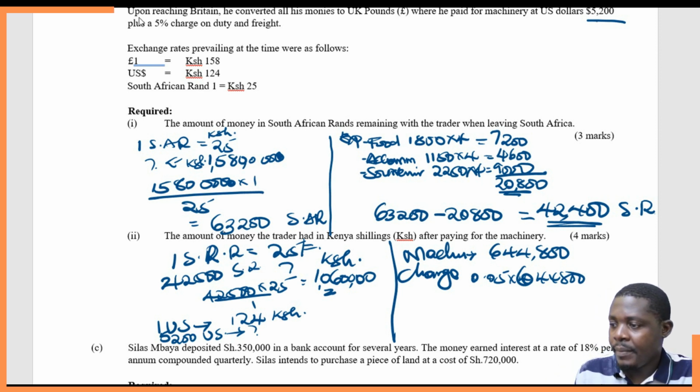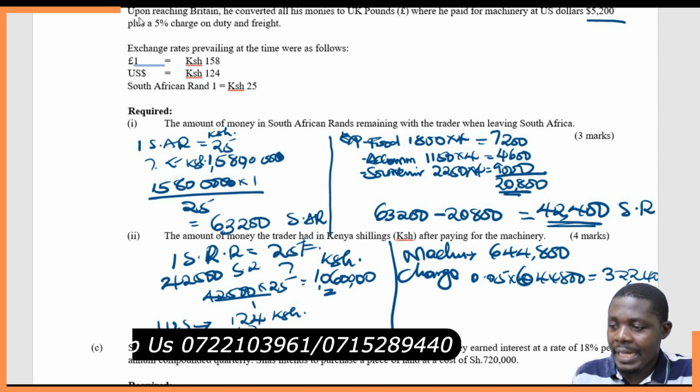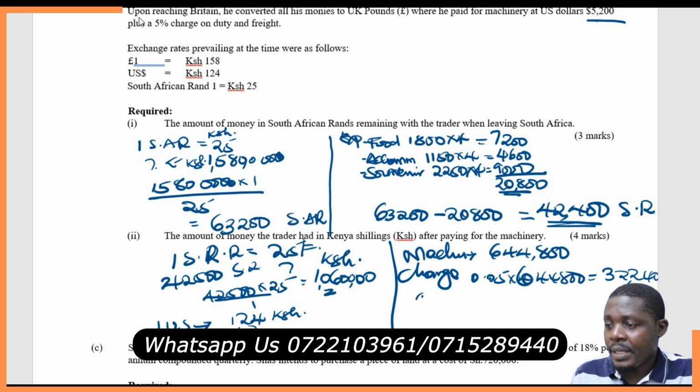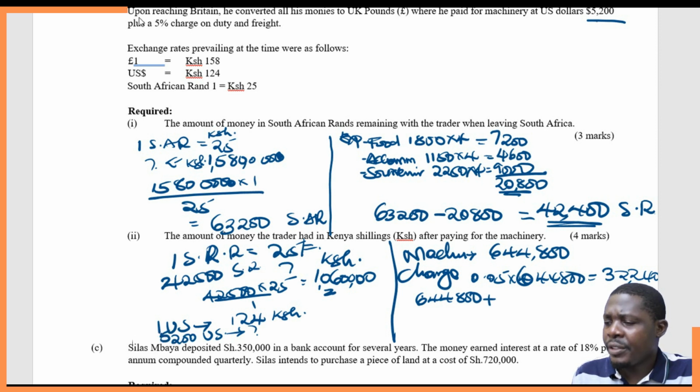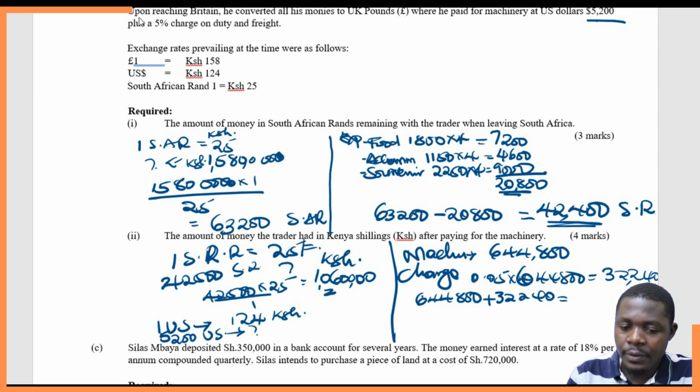We get paid for that duty as 32,240. Now we take the total that he incurred in UK, which is 644,800 plus the duty and freight, which was 32,240.